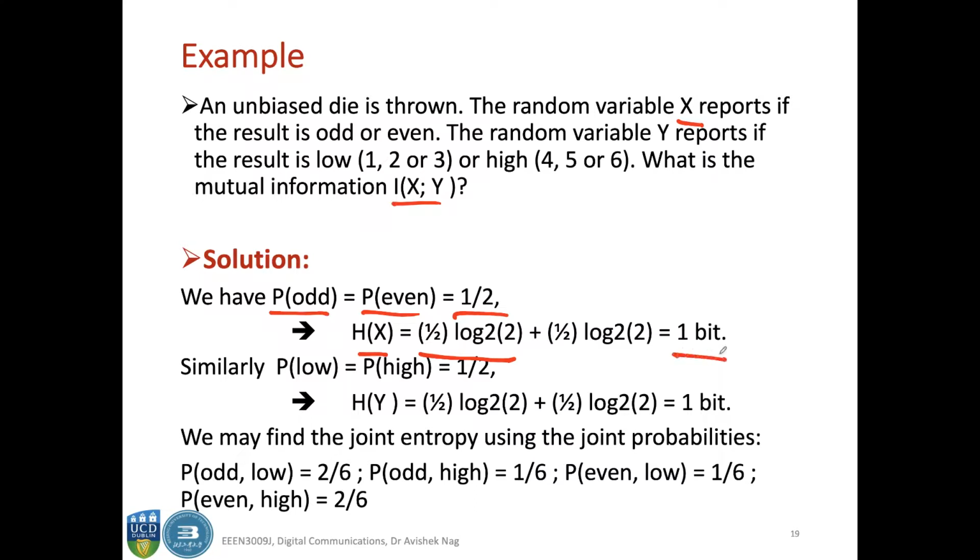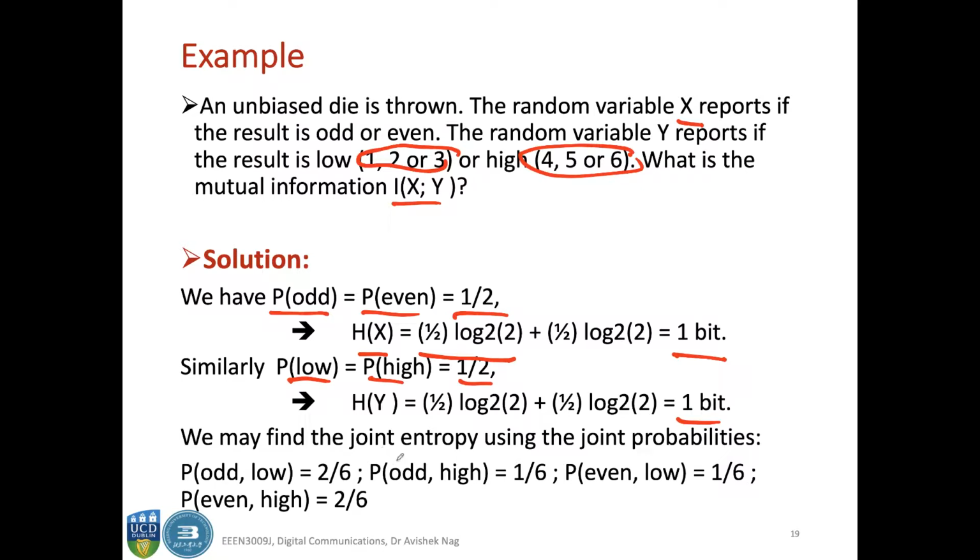So that is 1 bit. Similarly, for low and high also the probabilities are half, because you can get these three numbers half of the times and these three numbers half of the times on average. So H of y is also, from the definition, 1 bit.